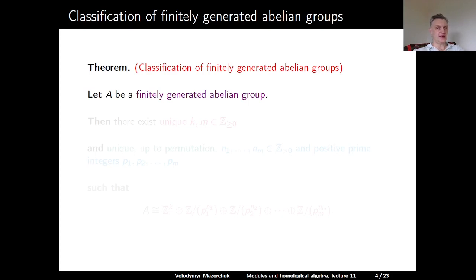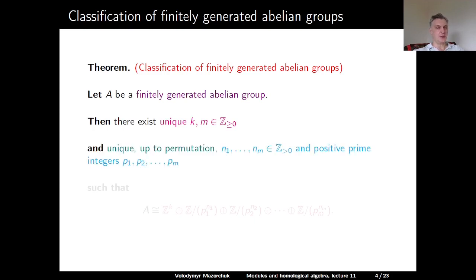Let A be a finitely generated abelian group. Then there exist unique non-negative integers k and m, and unique up to permutation positive integers n1 and so on to nm, and positive prime numbers p1 and so on to pm, such that our group A is isomorphic to the direct sum of k copies of Z, together with a direct sum of the following finite cyclic groups.